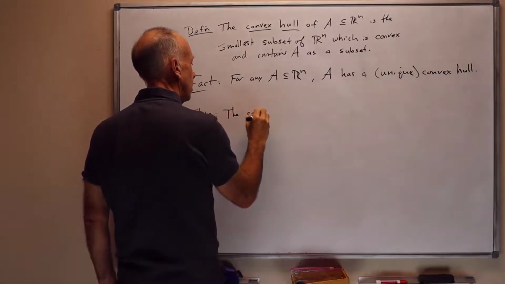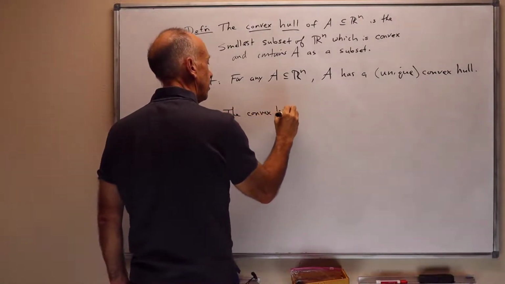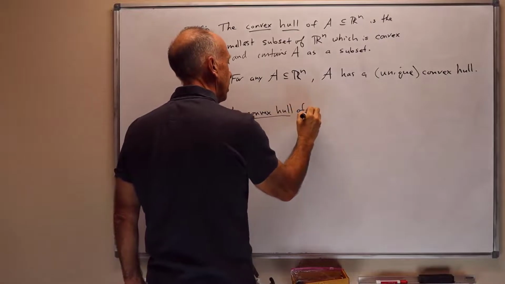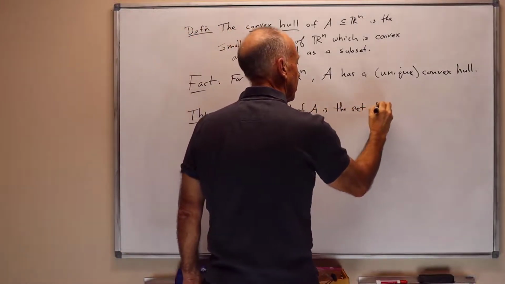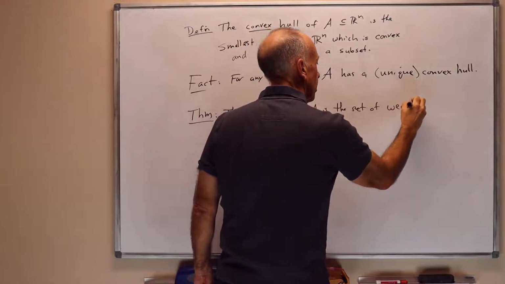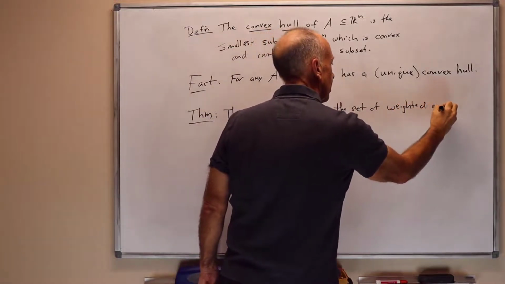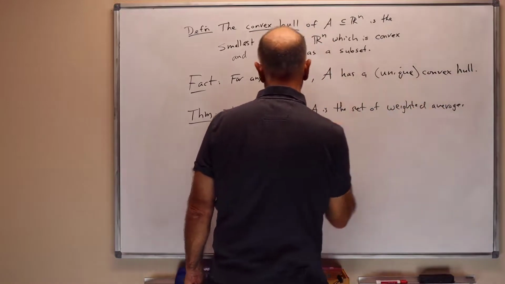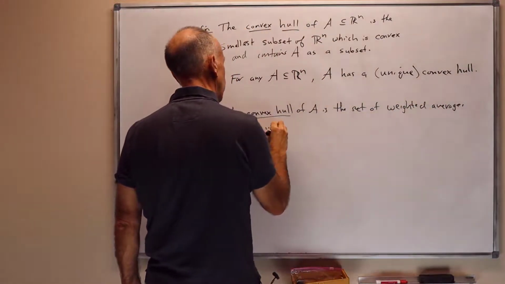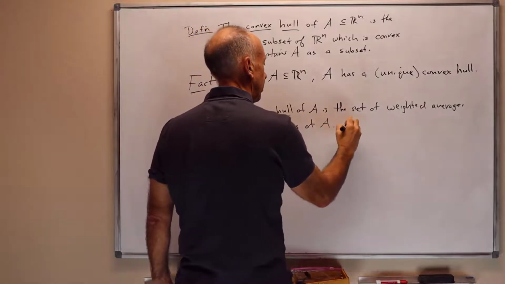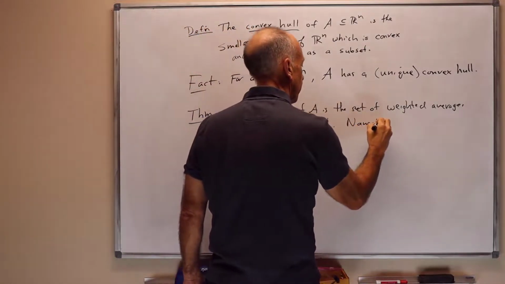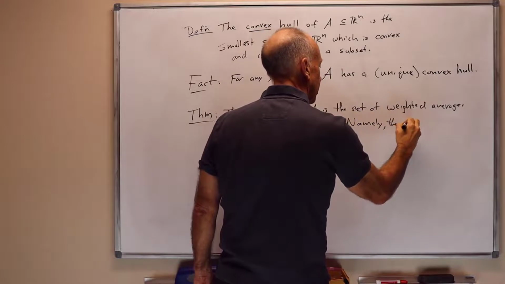The convex hull of A is the set of weighted averages of members of A, namely this following set.